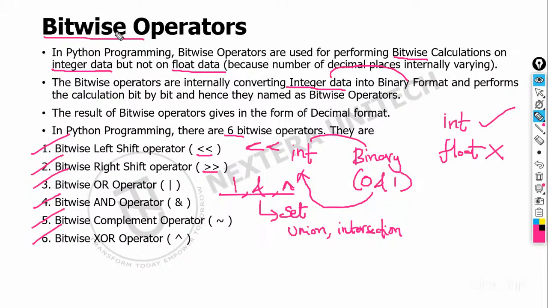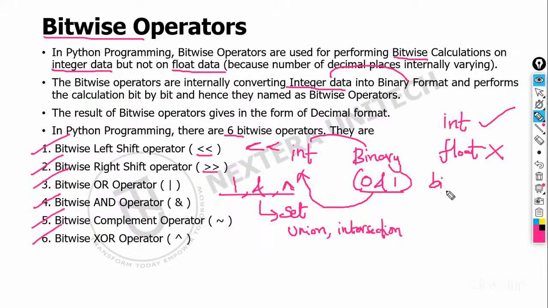I hope it's very clear on the purpose of using bitwise operators. They perform bitwise calculations and they don't work on float type data. They only work on int type data. Internally, this int type data gets converted to binary format, zeros and ones.